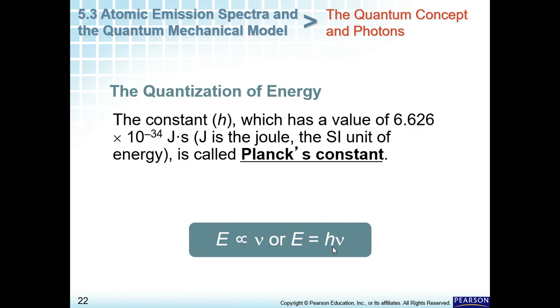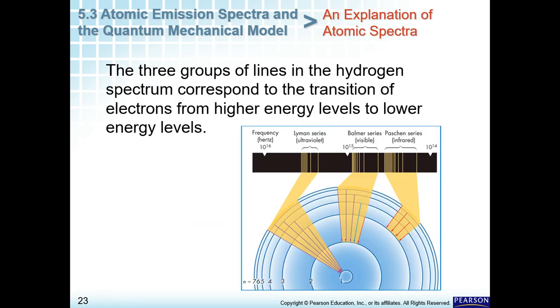It is a constant, which means it will never change. Again, E stands for energy, h is Planck's constant, which is 6.626 times 10 to the negative 34th joules times second. And then v, we already learned this variable. This is frequency. So this ties together energy and frequency.